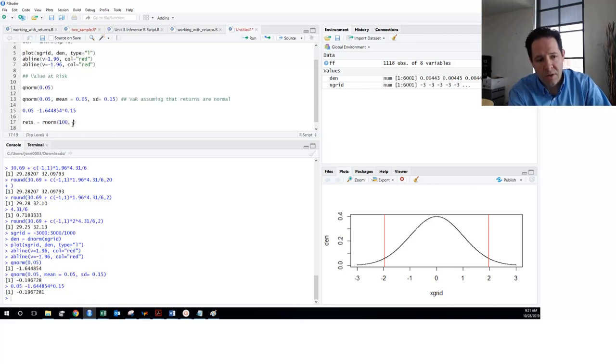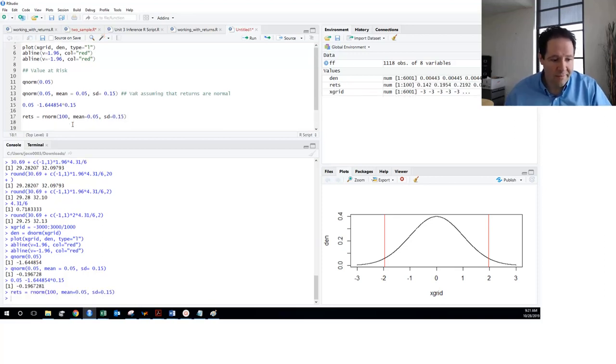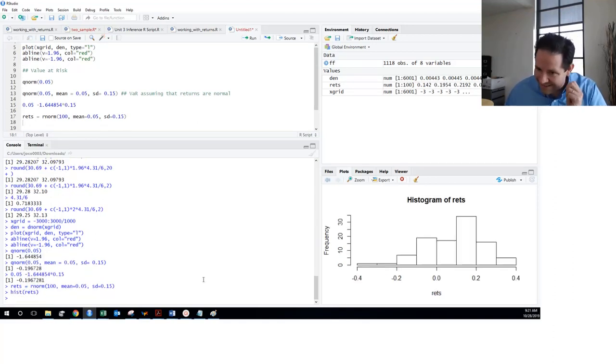Say I had 100 holding periods, with a mean of 0.05 and a standard deviation of 15%. So I've got return data. Here are my data, and this is what we know was drawn from a normal distribution. It's only 100 observations, so it maybe doesn't even look normal in practice, just because of chance.